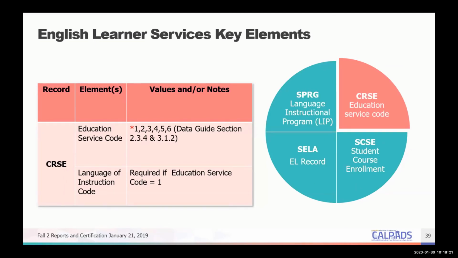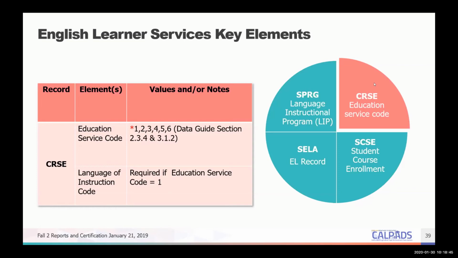Then you have to enroll that student into a course section, right? That EL student has to be enrolled into a course. So that means you had to submit a student course section enrollment file for that student. And that student course section file has to correspond with a course record that has the Education Service Code populated.